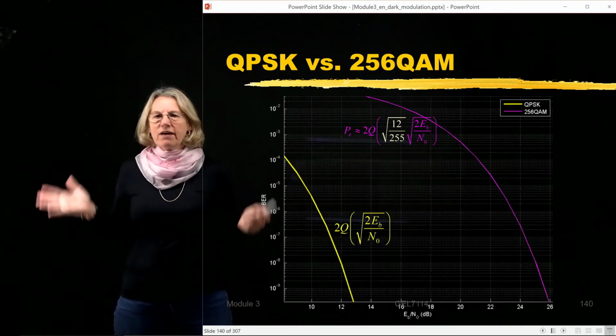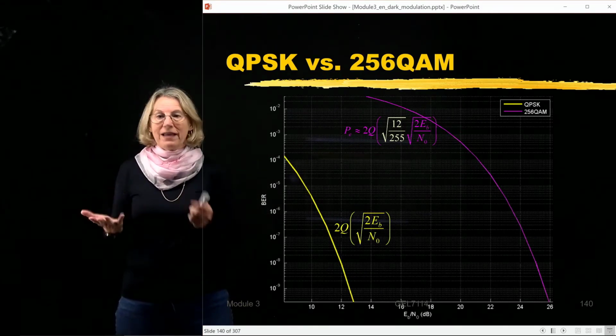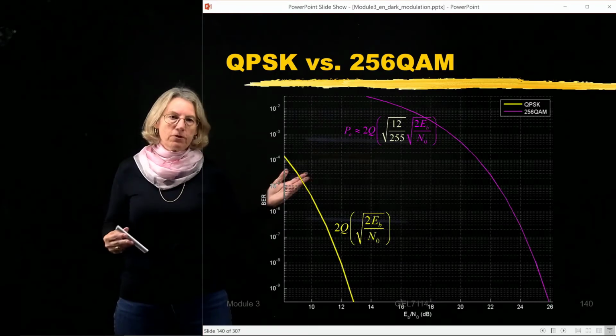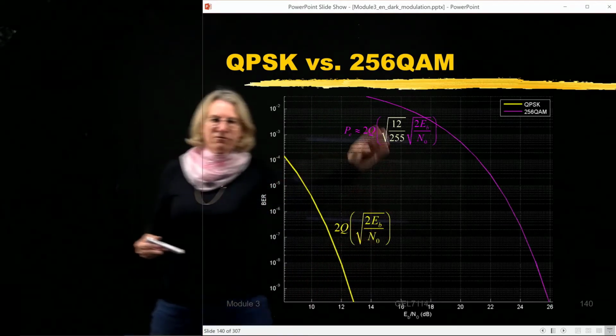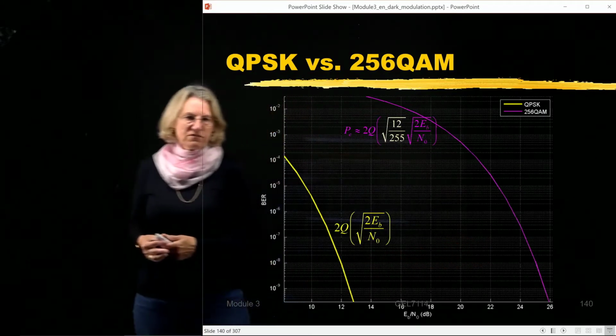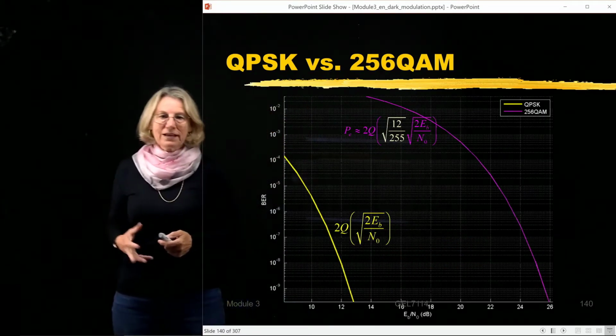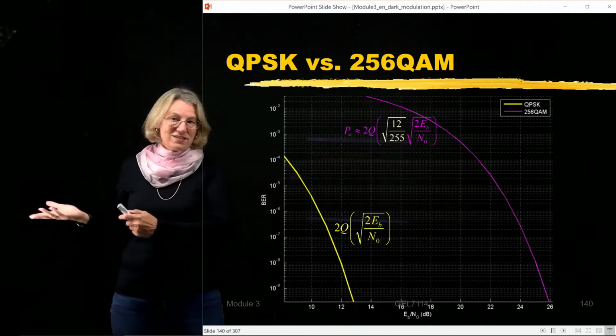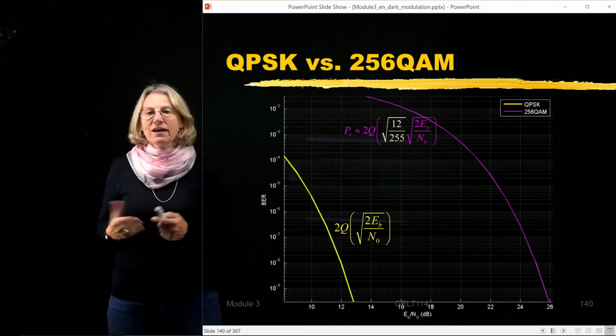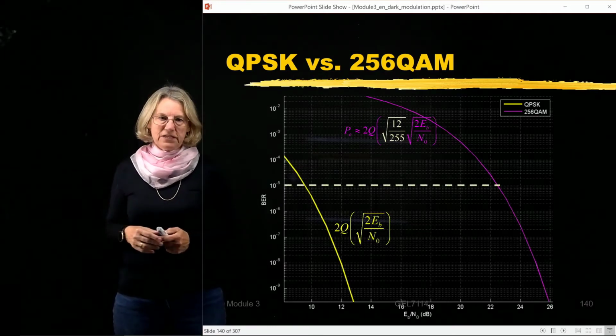Now we have great tools in Matlab, and I can go to Matlab, use Bertool, and say, plot for me the curve for QPSK, plot for me the curve for 256 QAM. It's not that difficult, but I also know it theoretically, which is why this other way of approaching it can be very helpful to develop intuition.